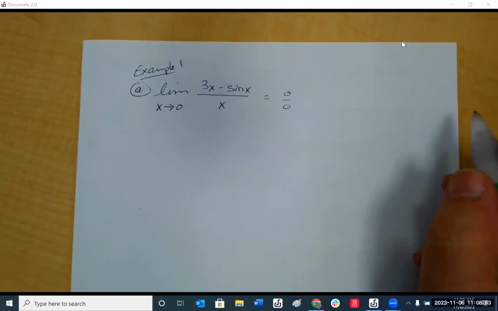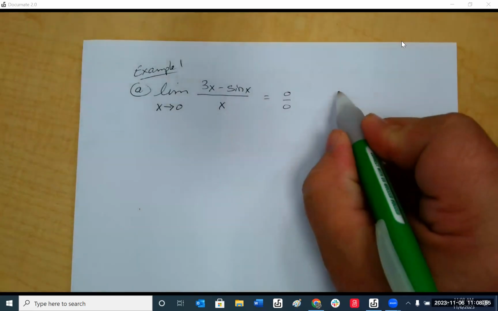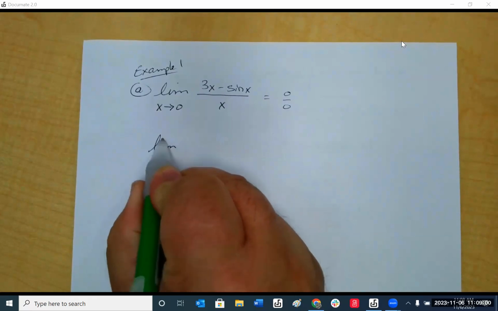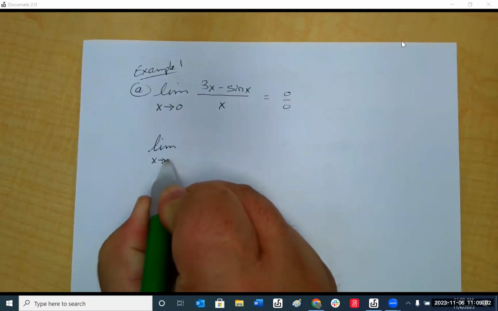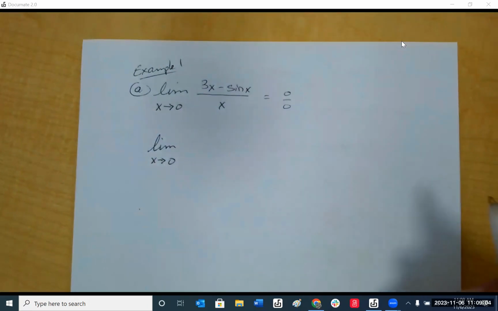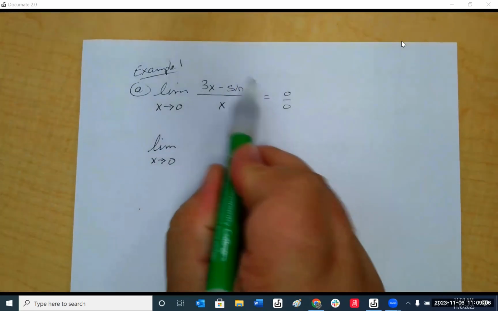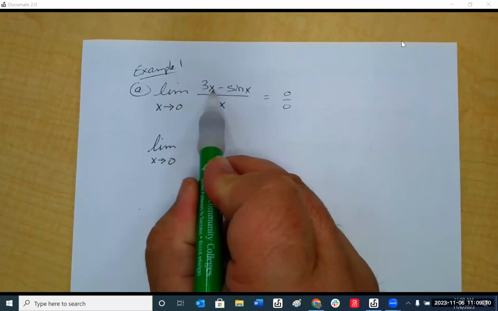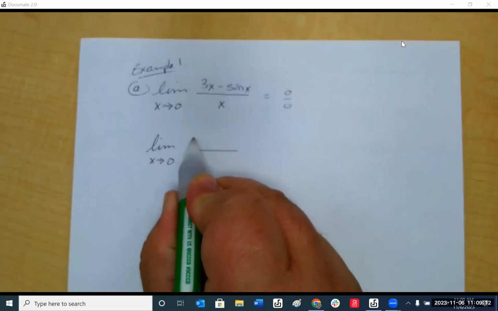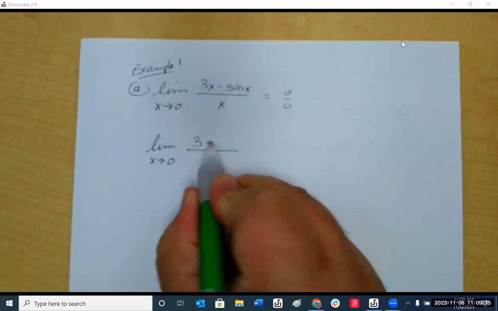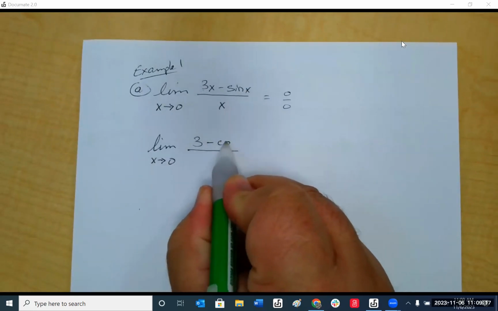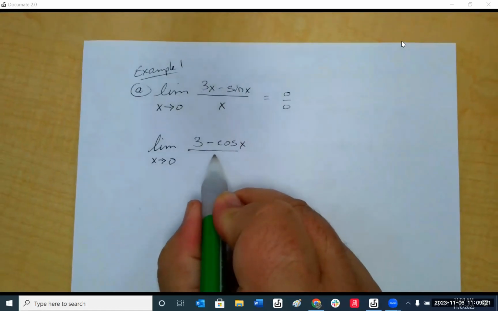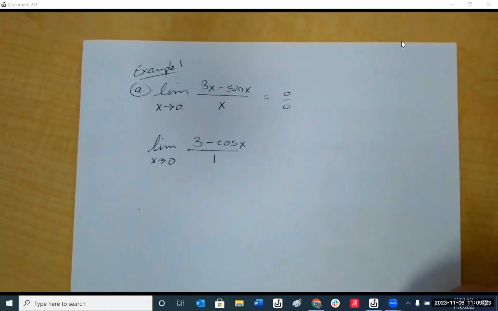So using L'Hopital's rule, we take the derivative of the top. Since it's subtraction, we take them by pieces. The derivative of 3x is 3. The derivative of sine is cosine. The derivative of x is 1.